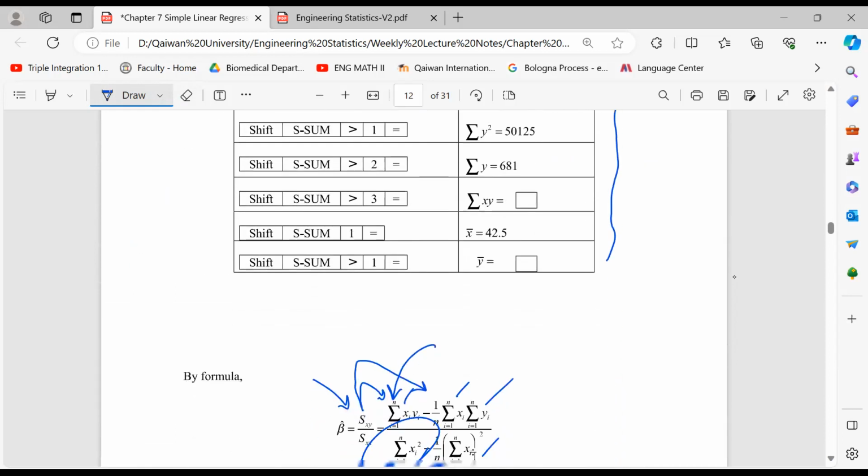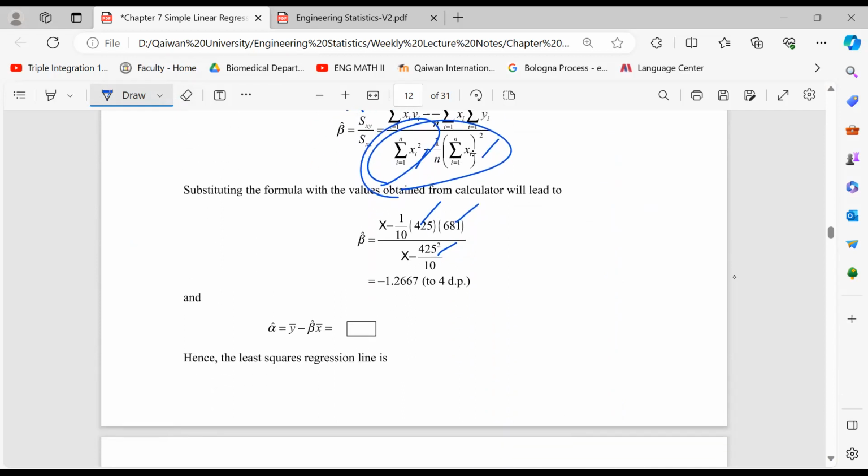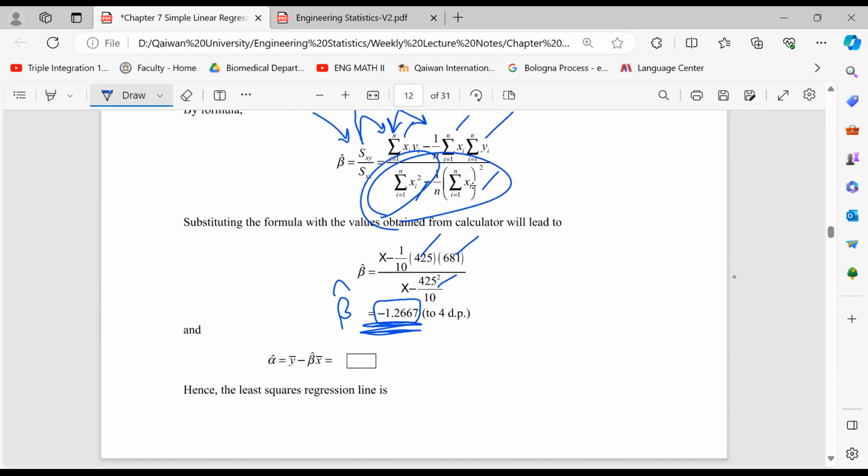We get the denominator. Now, after finding them all, plug them into this formula, and we get beta hat is minus 1.2667. Always take 4 decimal points. Then, this is beta.